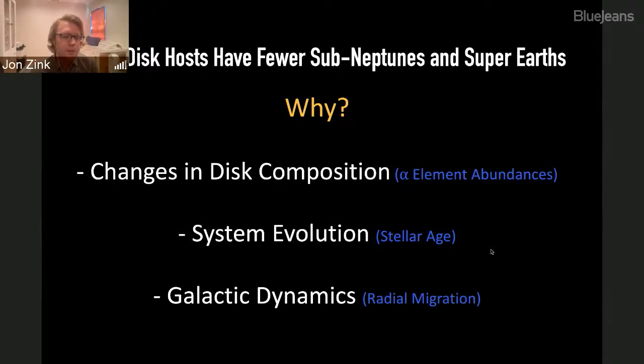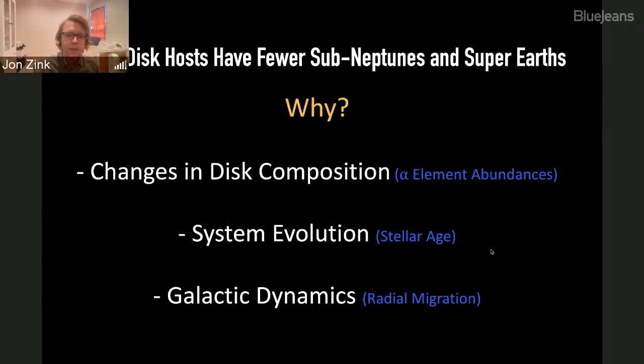And potentially galactic dynamics are playing a role, right? The stars are not fixed in radius. They may migrate inward or outward. And this migration might impact either the composition or the system evolution over time, impacting our planet occurrence rates.